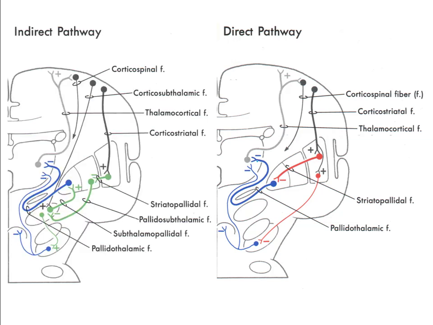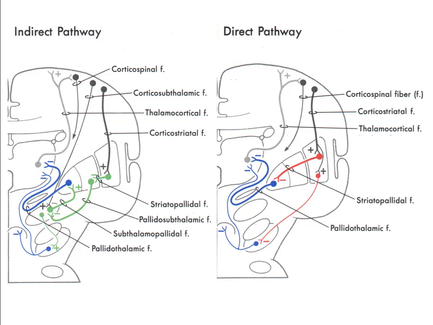Let's look at the indirect pathway. We start with the same drive from cortex to putamen. So it drives this neuron here. This neuron is inhibitory. So it inhibits its target, which is a neuron in the externa, which is inhibitory. So we decrease the firing of this neuron. This neuron is what?